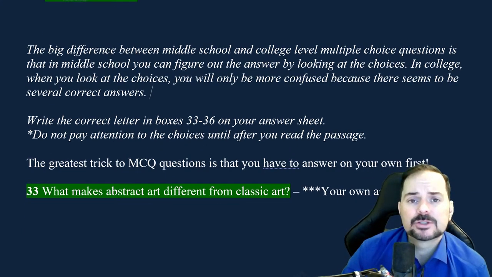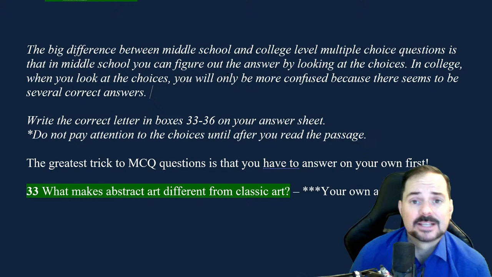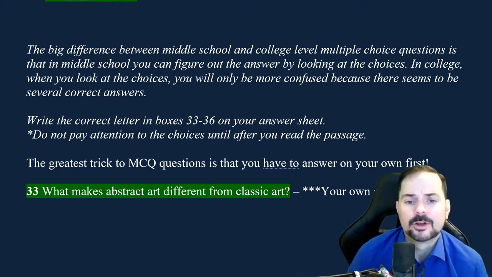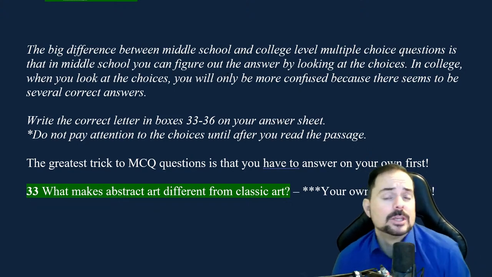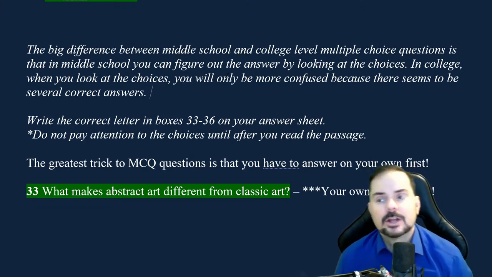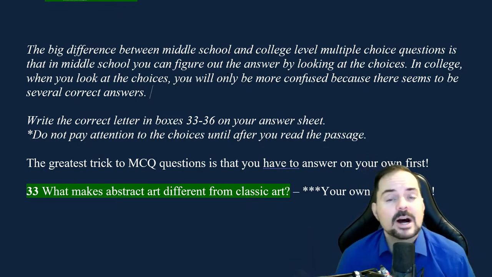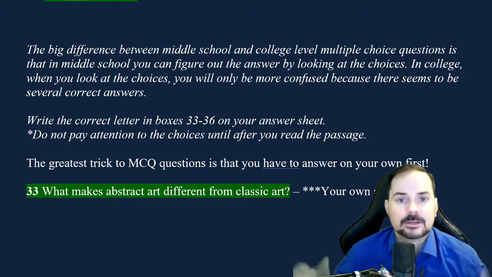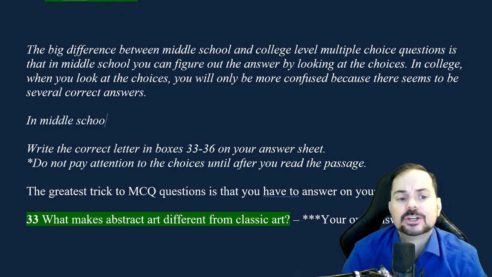So in middle school, and I don't know why, but no teacher actually clearly says this. Sometimes when I say this to people, they're like, "Oh yeah, a lot of us just kind of figure this out on our own." When you're doing multiple choice in middle school and maybe in some high schools as well, you can kind of figure out the answer just by looking at the questions, by deduction. So you're like, oh, okay, that was the key word. Okay, that answer just seems kind of crazy and wild. That's definitely the one clear answer. It's the champion, right? So in middle school, you have a clear champion.